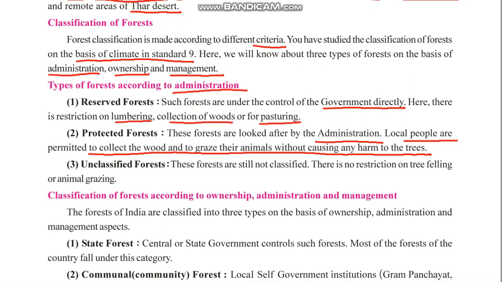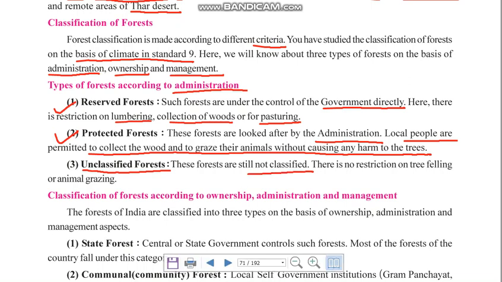The third kind of forest is the unclassified forest. As per the name, we can understand that these forests are not classified under either of the other two. They are neither termed as reserved nor protected, and that's why they are known as unclassified. There is no restriction on tree felling and animal grazing.